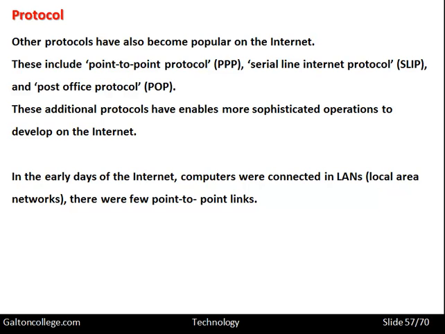In the early days of the internet, computers were connected in LANs, local area networks. There were few point-to-point links. Right at the start, it must have started with just two computers connected via a wire, trying to get the two computers to send and receive messages. So very basic LANs came into existence because of the lack of a standard or protocol.